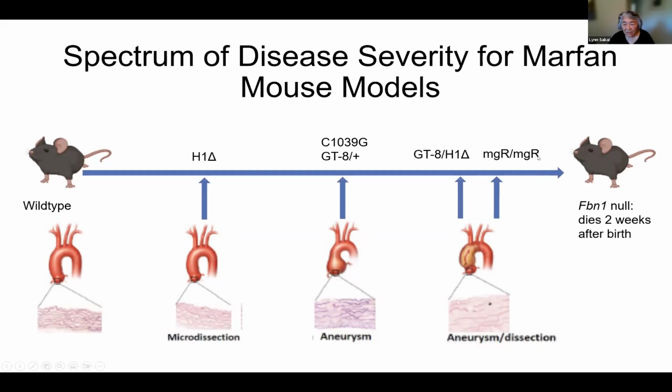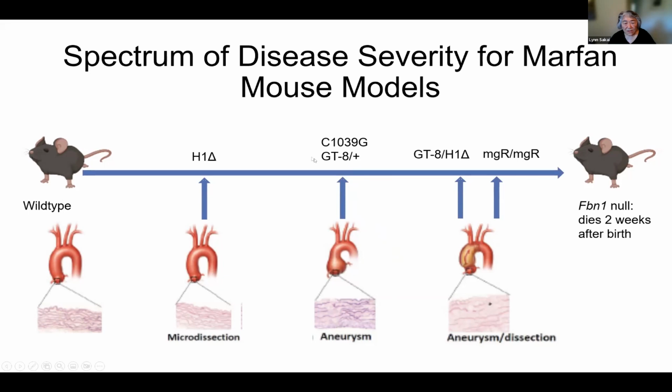This mouse, MGR, which is the one that I told you about, has 20% the levels of normal fibrillin-1, and it develops aortic root aneurysm as well as dissection and rupture. Now, this mouse model, C1039G, I also told you about. It never dissects and ruptures, but it does develop an aortic root aneurysm.